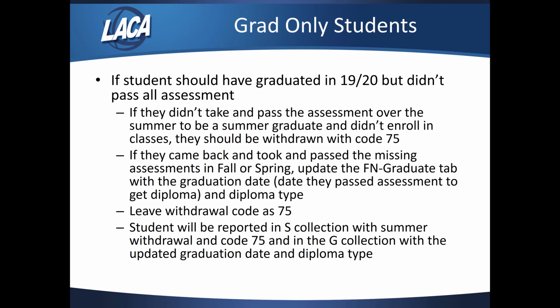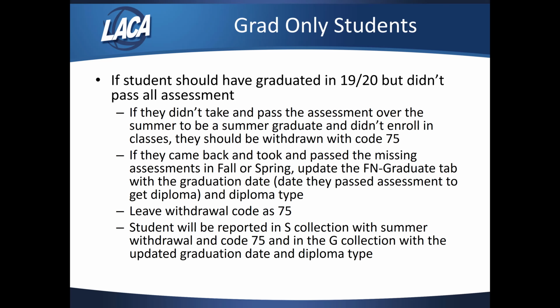Okay, grad only students. If the student should have graduated in 1920 and didn't, but didn't pass all assessments or do everything they need to do in order to graduate, if they didn't take and pass over the summer to be a summer graduate and didn't enroll, then you should withdraw them as a 75 with a summer withdrawal date.